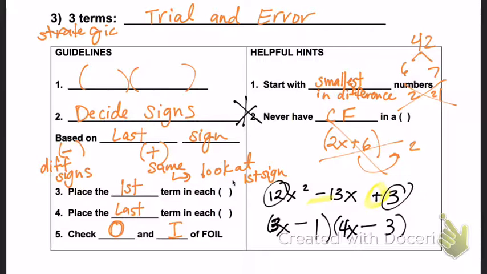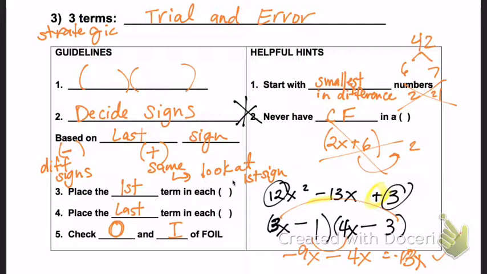Now I can go back and check it if I want. I know that the first and the last terms work out, but I'm checking the outer and inner. So negative 9x minus 4x gives me negative 13x. This will work, which means I'm good.